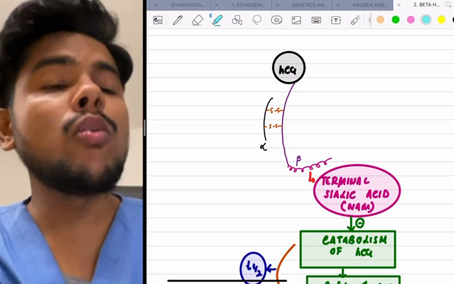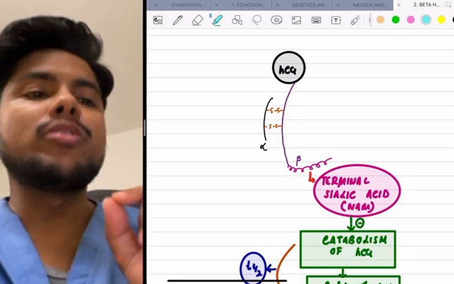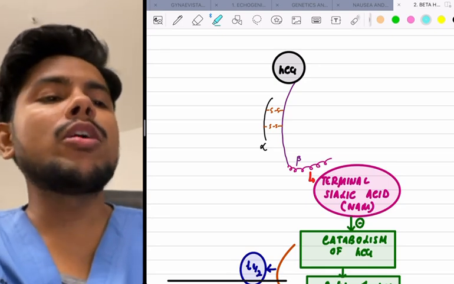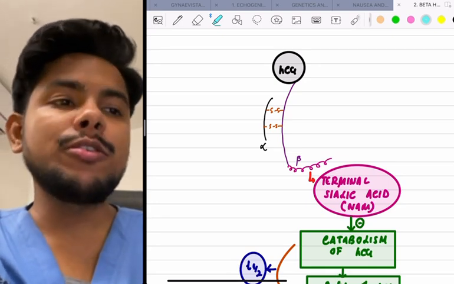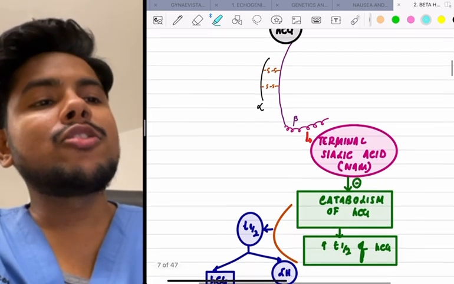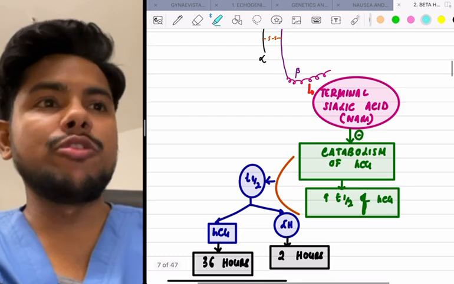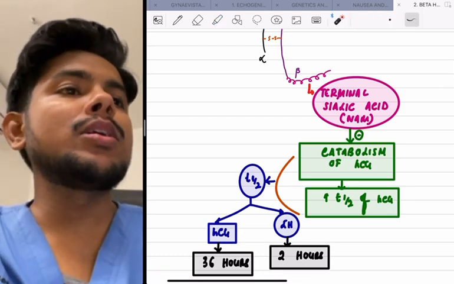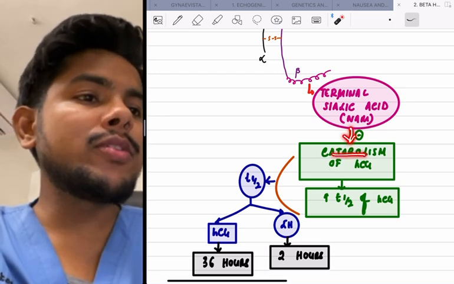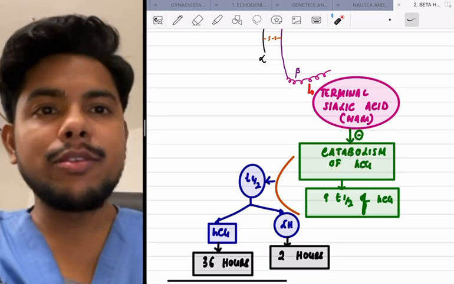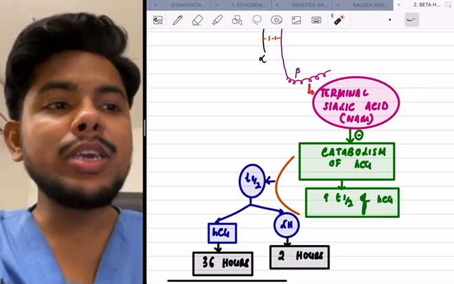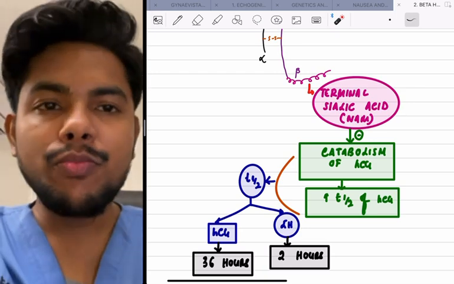Okay. Now, there is a very peculiar feature in beta subunit. What is that? We have got a terminal sialic acid component attached to the beta subunit, and this terminal sialic acid component inhibits the breakdown or catabolism of hCG. So if it inhibits the breakdown or catabolism of hCG, it is going to increase the lifespan.